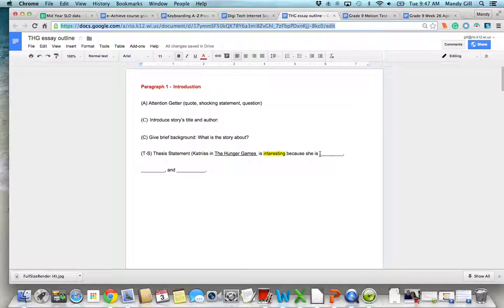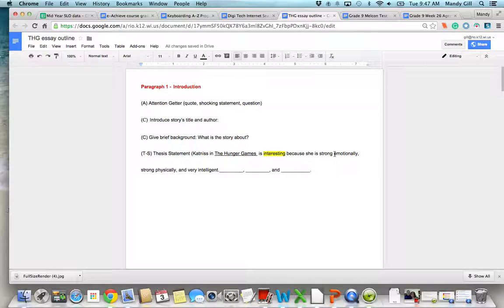Whatever your adjectives are, these are what you'll be writing about in your body paragraphs. So if you say because she is strong emotionally, strong physically, and very intelligent. Okay, so let's just say these are the words that you want to use to describe Katniss.